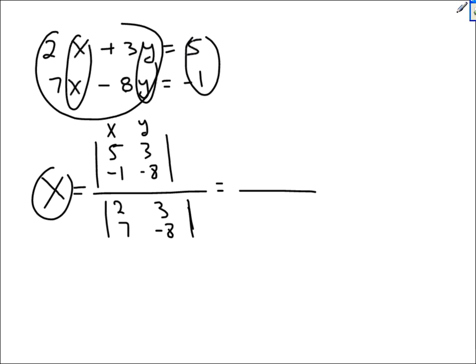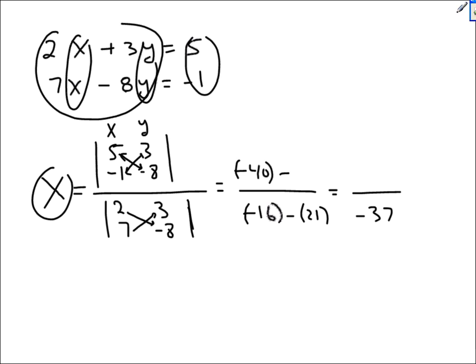On the bottom, you get -16 minus 21, which is -37. On the top, you get -40 minus a -3, which is -37, so the result is 1.